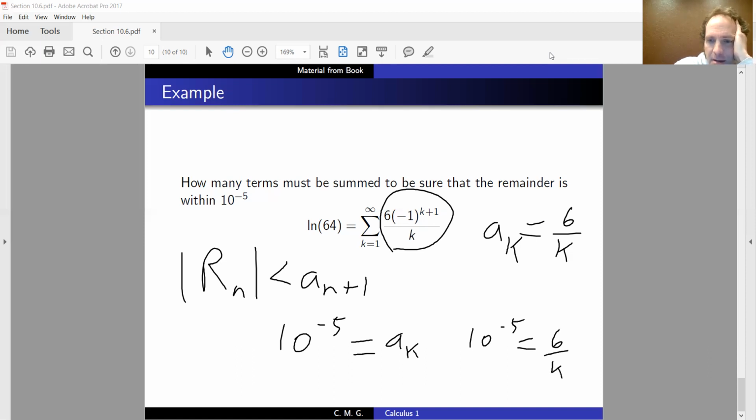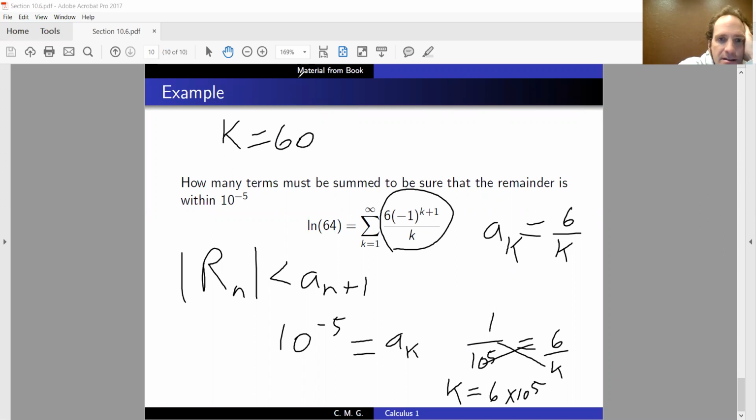What I'm really looking at is 1 over 10 to the 5th, which makes my life a little easier. Now I cross multiply, and what I get is k equals 6 times 10 to the 5th. And so that means that k is 600,000. And that is the next term.